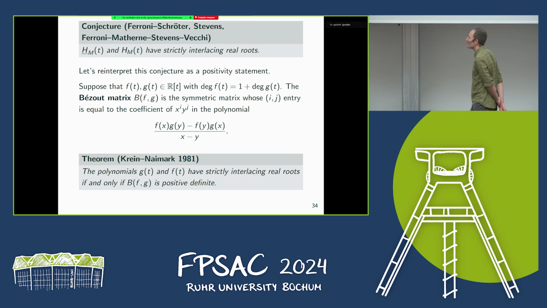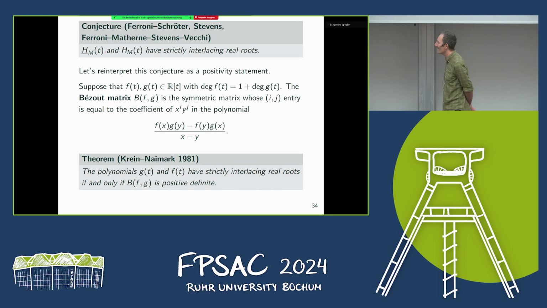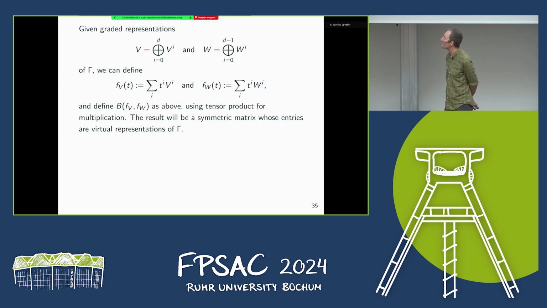And there's a theorem that says this condition of having strictly interlacing real roots is equivalent to the Bézout matrix being positive definite. In other words, I check all the principal minors, and I should get positive numbers. And this is nice because this is something that can be interpreted equivariantly. So suppose I have two graded representations. I think of those as polynomials where the coefficients are now not numbers, but representations of my group.